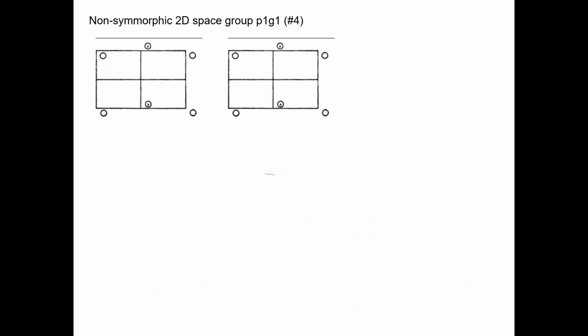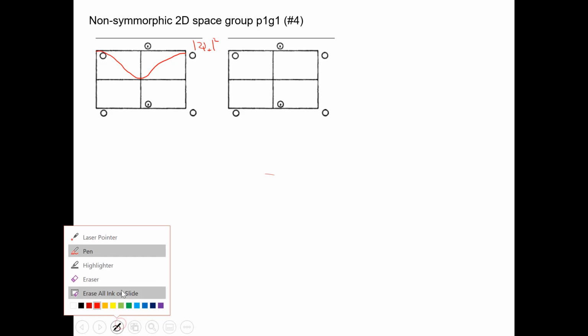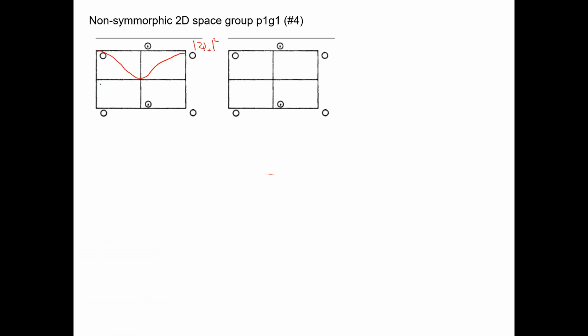So psi plus square, in red, the cosine function, and in blue I can draw the sine square. So in blue, psi minus square.